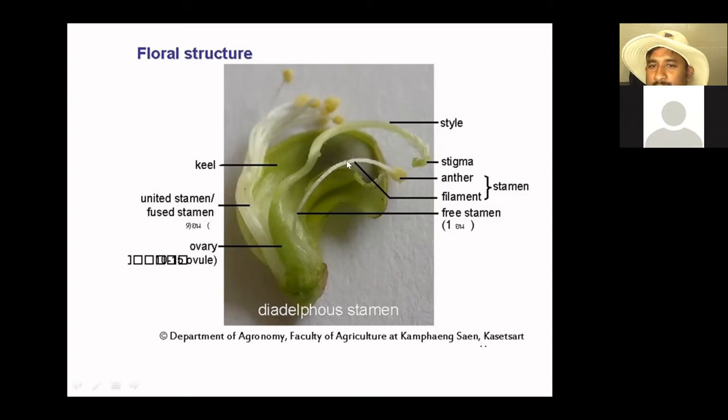Look at the beauty of nature here. All 9 are in the back, and 1 is near the stigma.